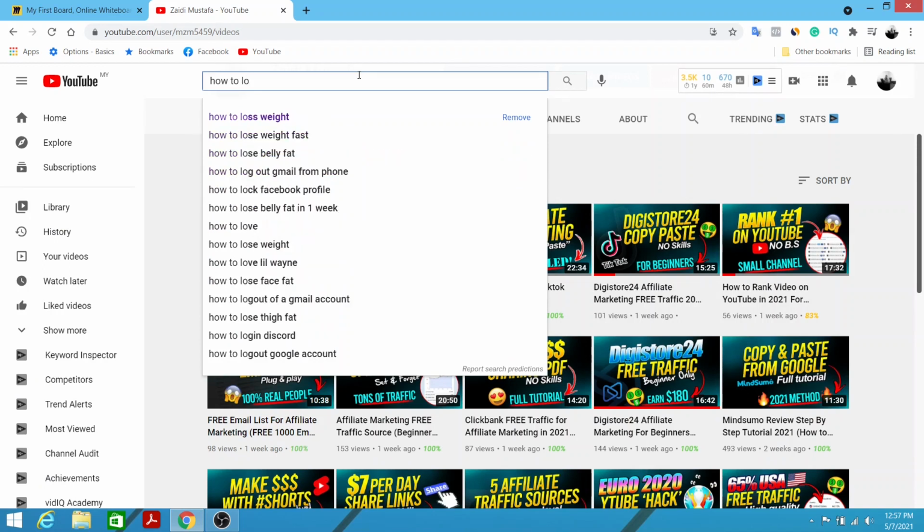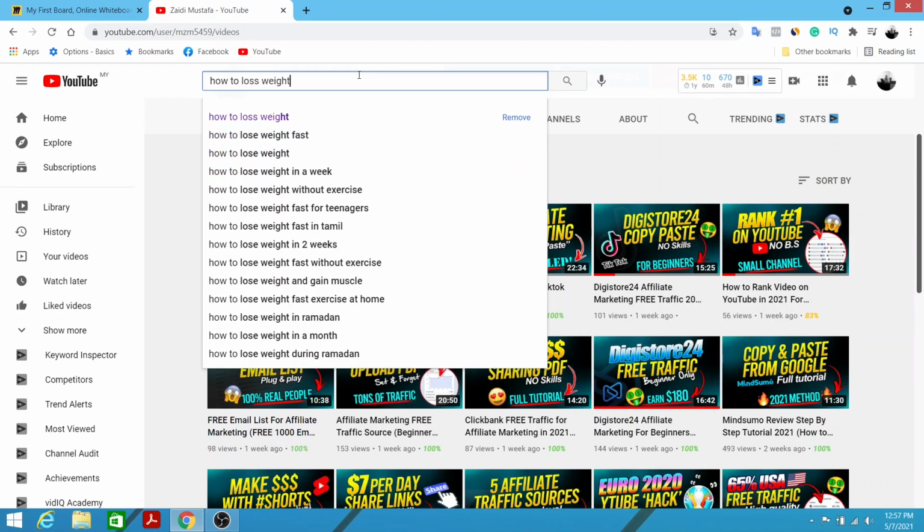As you can see here, these are all the search terms that people are looking for every single day, guys. These are all the ideas you can create content on in order to get a lot of views. As long as you can serve videos related to all the search terms here, you're going to be able to drive a lot of traffic to your video.